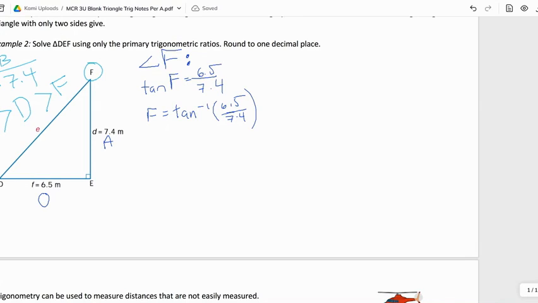So Liam, for you, you're going to be doing bracket 6.5 divided by 7, close bracket, and then shift tan. And I get 41.3. Others?